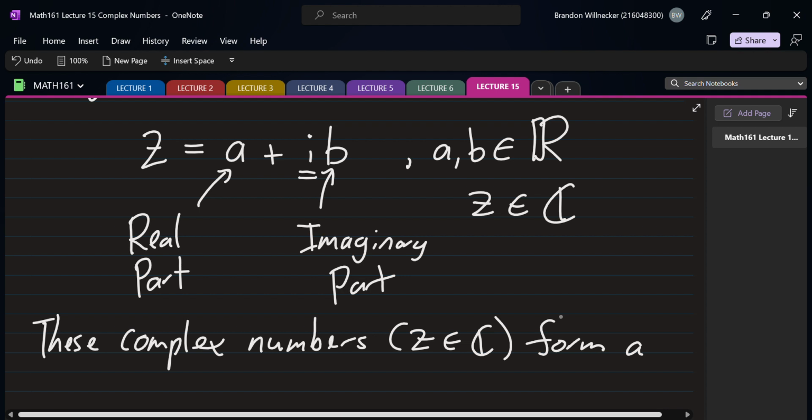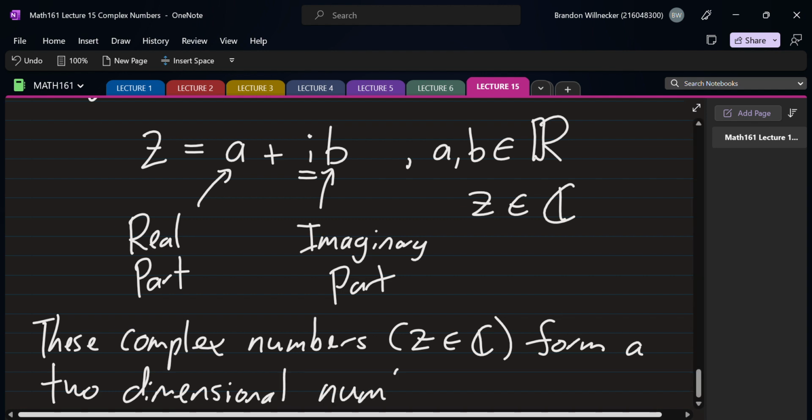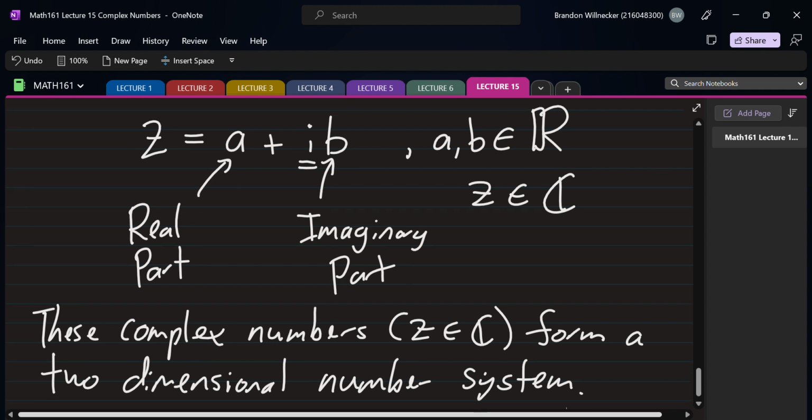Two-dimensional because there are two parts to the number. For real numbers, it's one-dimensional; you only have the number. With complex numbers, it's two-dimensional because you've got the a, which is the real part, and the b, which is the imaginary part.